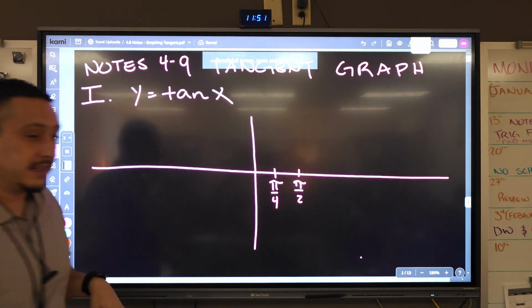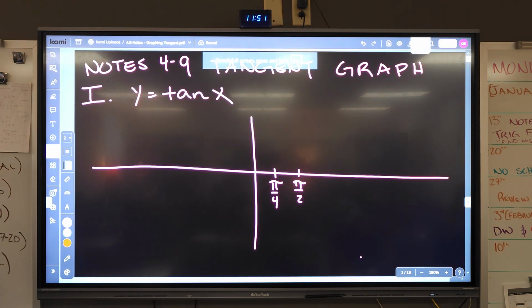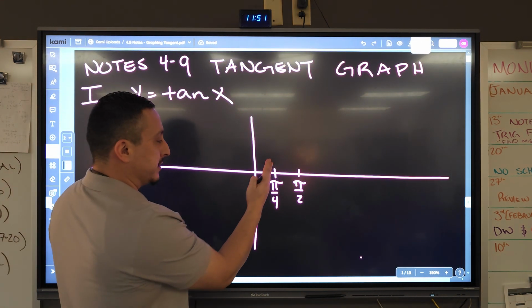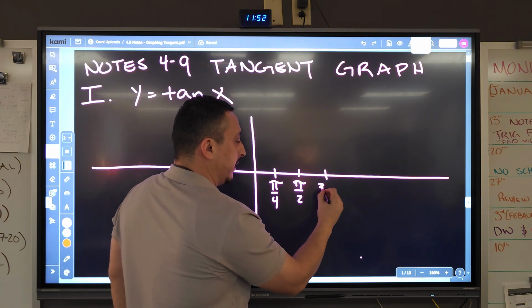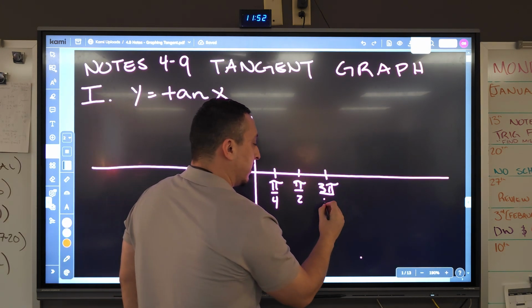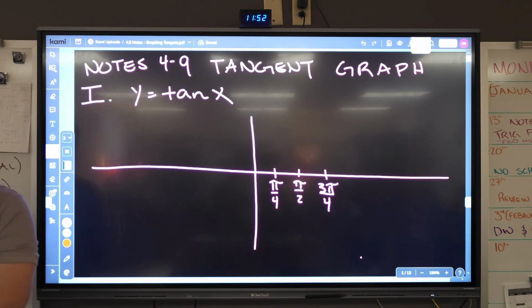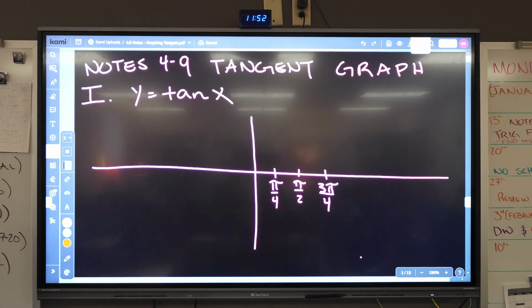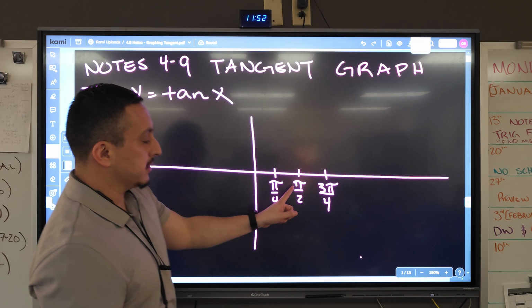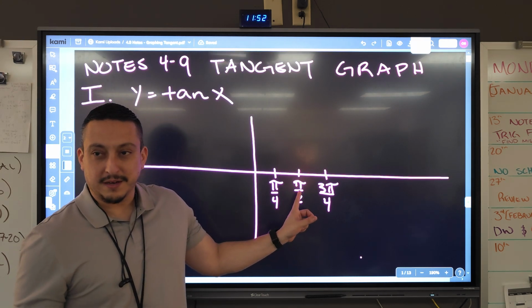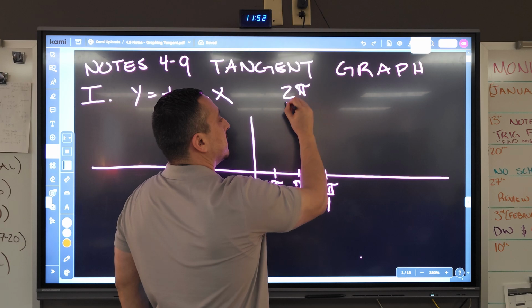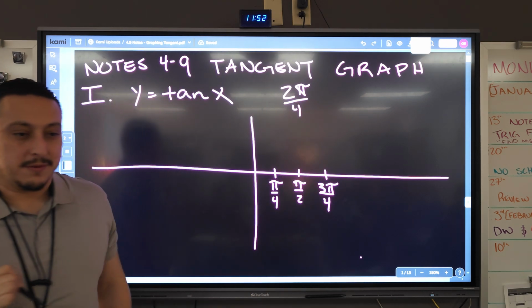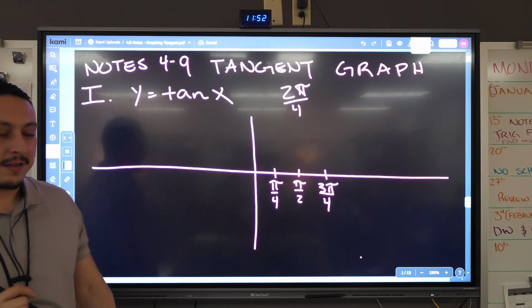Now, this all makes a lot of sense if you think about it. Each one of these is a fourth of a pi. So 1/4 of a pi, 2/4 of a pi, 3/4 of a pi. Notice this would be 2/4 of a pi, right? What does that reduce to?